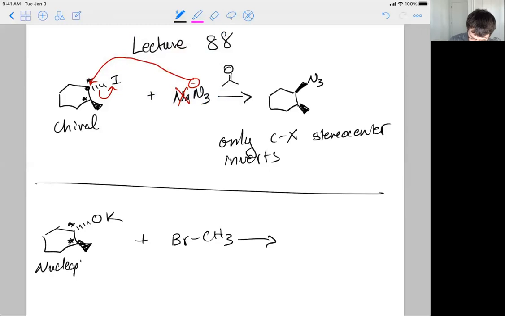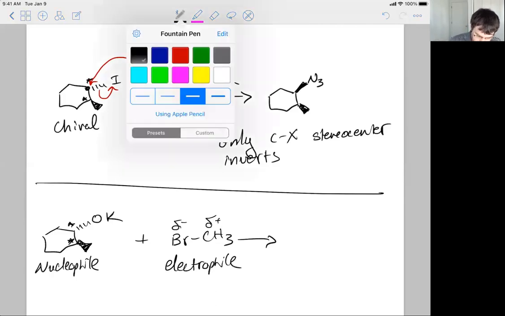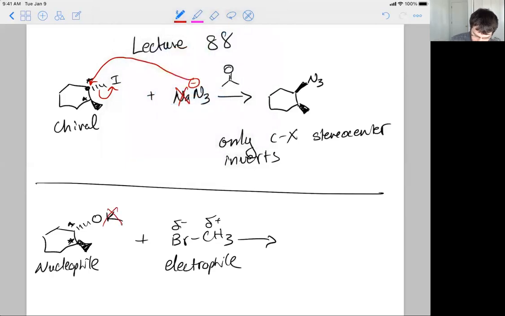It does not have the halogen atom. Rather, the electrophile has the leaving group, which is the halogen atom, the delta plus and the delta minus. So with that assessment, now we recognize that the oxygen has the negative charge. It's going to be attracted to the delta plus carbon atom, and that's going to force pushing off the bromine atom to give rise to a new bond.